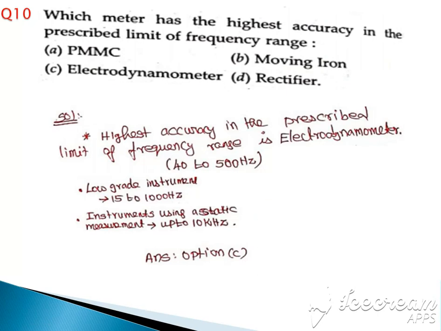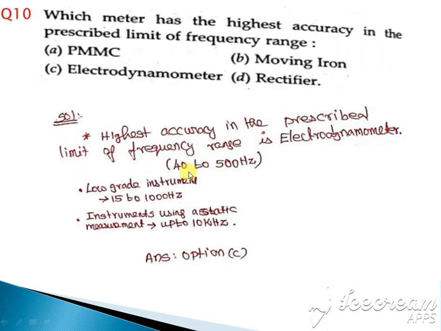Which meter has the highest accuracy in the prescribed limit of frequency range? PMMC is applicable for DC only, so option A is not the answer. Moving iron is for lower frequency but its accuracy is less, so this is not the answer. AC rectifier is not possible. So the highest accuracy in the prescribed limit of frequency range is the electrodynamometer type instrument.